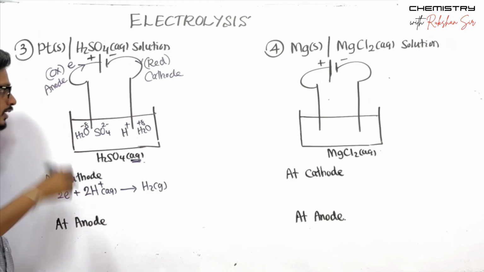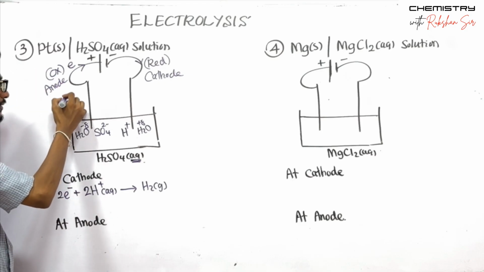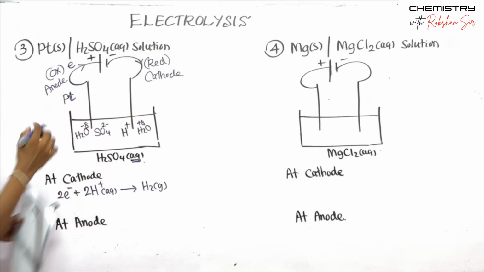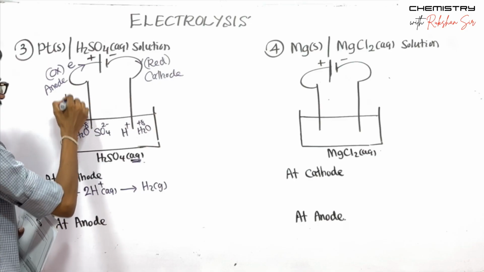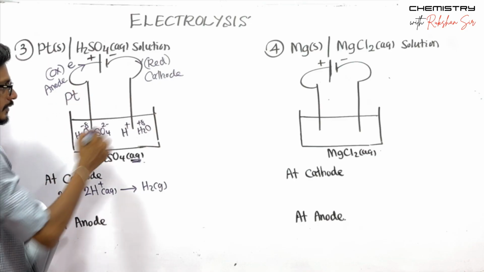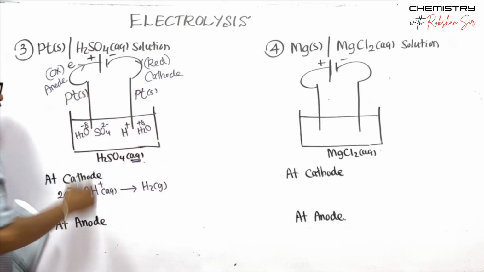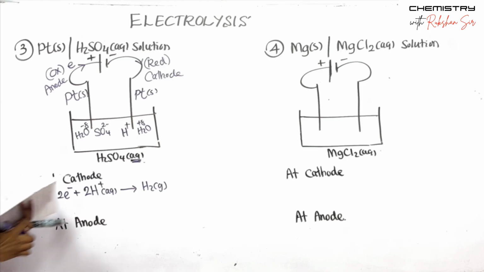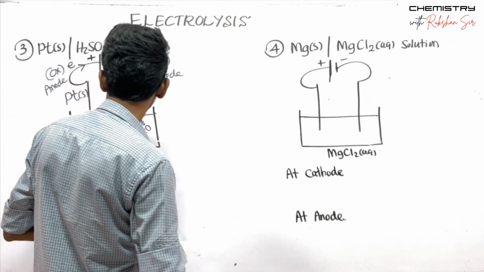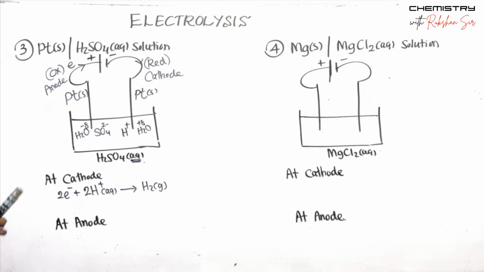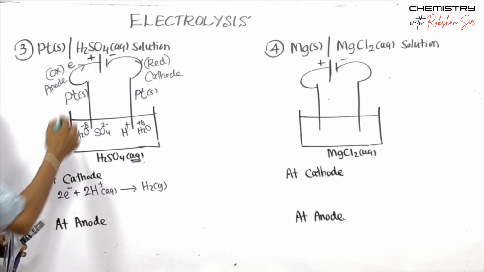So what about the platinum? Platinum things are used, no? So platinum rod. Platinum rod is referred to as an inert anode. Platinum, gold, carbon, solid, inert anodes.